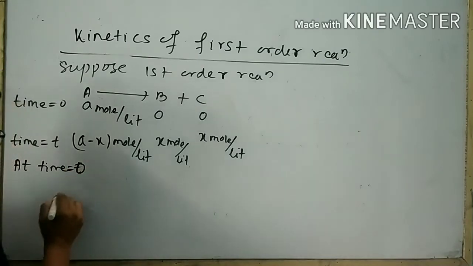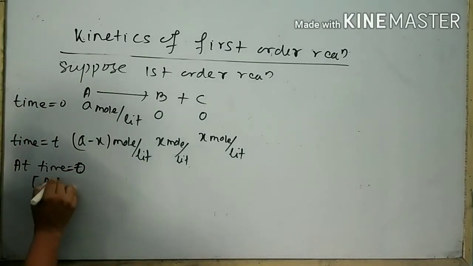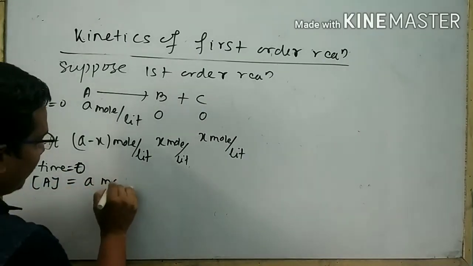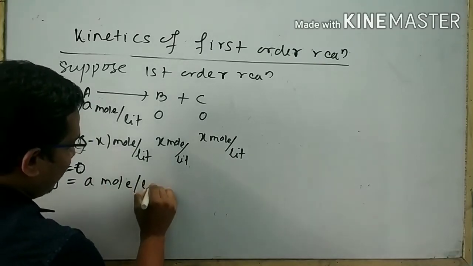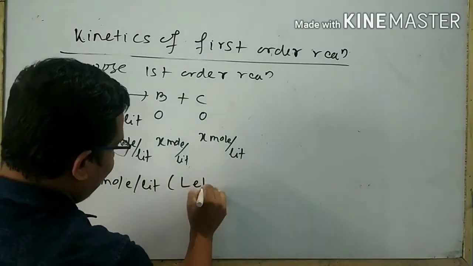So we can write, at time 0 the concentration of A equals a moles per liter.